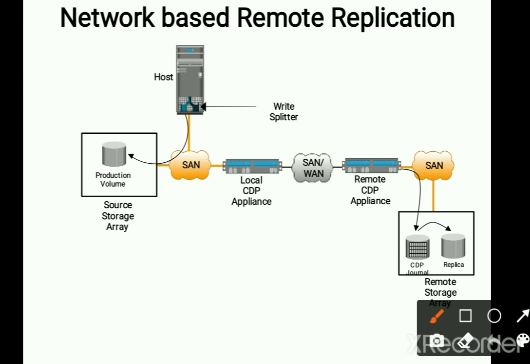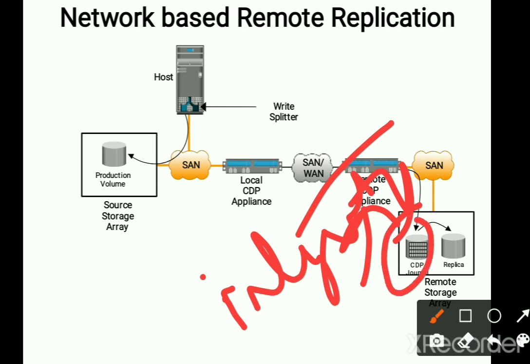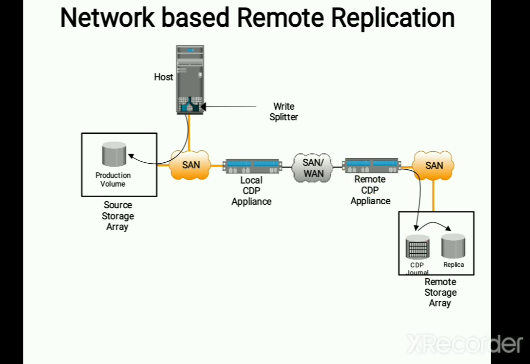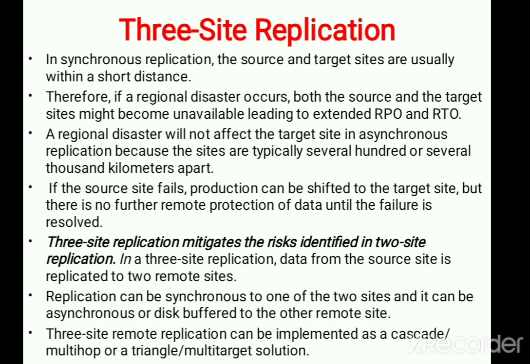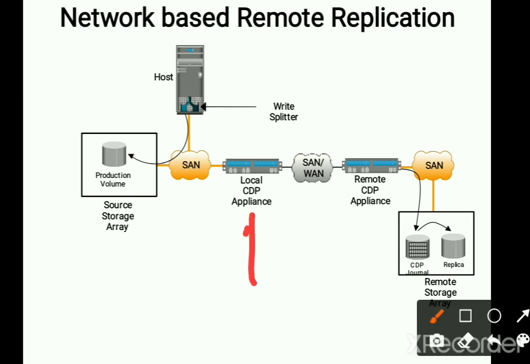Once the data is received, the remote appliance is going to verify and check that checksum, and check whether the integrity of the data still exists. Then the data will be uncompressed and written to the remote journal. So using this, they transfer the data from the source to the remote, using the local continuous data protection appliances.